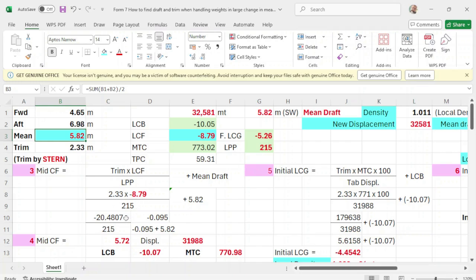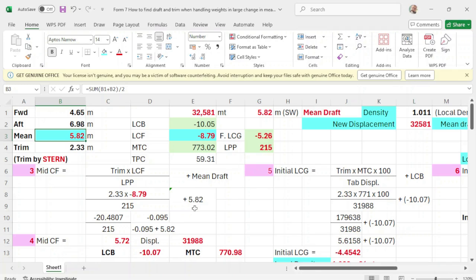Multiply your LCF, negative 8.79, over LPP of 215, plus mean draft. The result of this equation is negative 0.095, plus mean draft, and your corrected mean draft at center of rotation is 5.72.